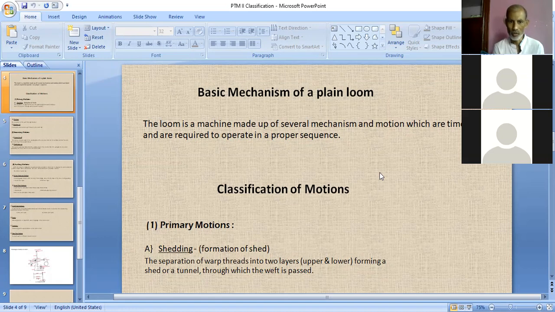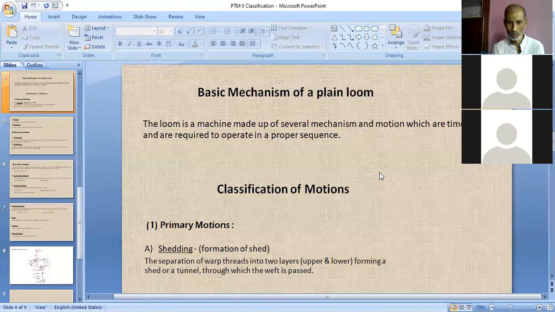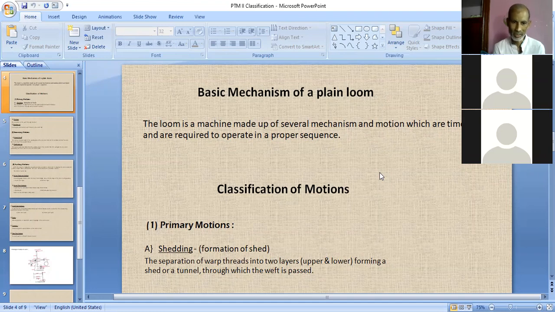The separation of warp threads into 2 layers, upper and lower, forms a shed or a tunnel through which the weft is introduced. This tunnel is formed by the motion known as shedding motion, and the mechanism responsible for this is known as the shedding mechanism.